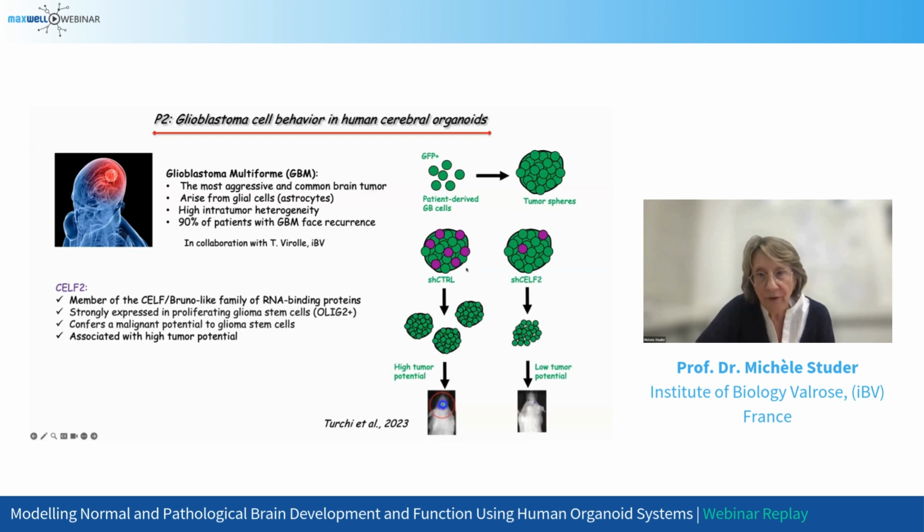When the group of Thierry inhibits it through short hairpin SOX2 in this tumor sphere, what he could find is that after transplantation into mouse brains, the tumor potential was very much decreased. And he concluded that SOX2 downregulation represses stemness markers. This work has been published last year.